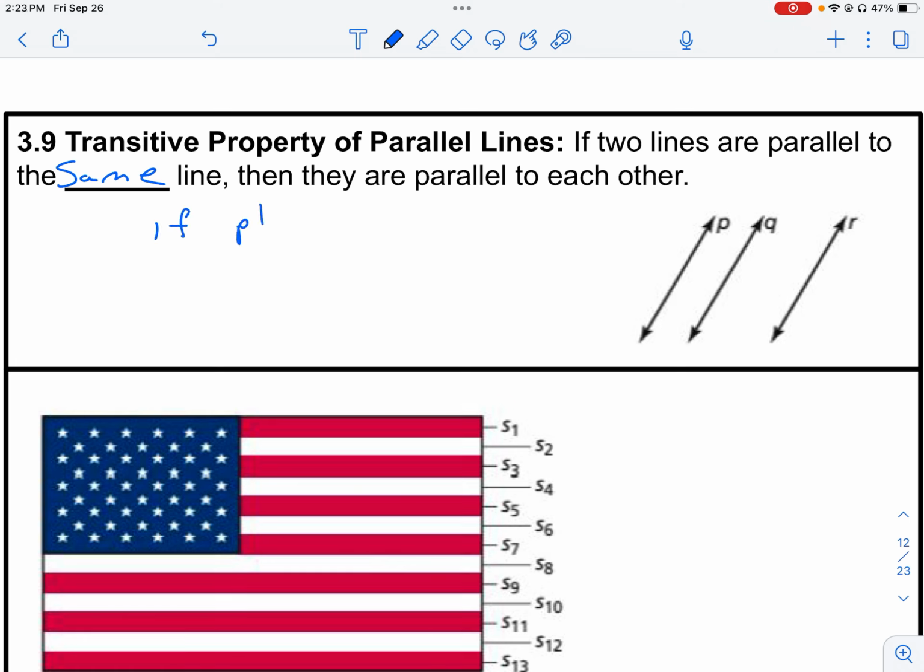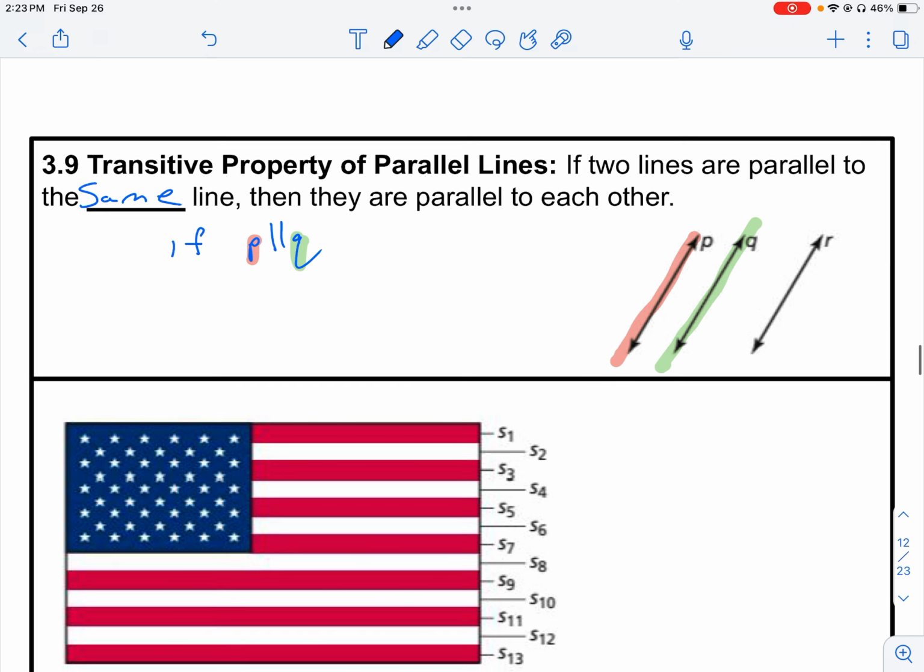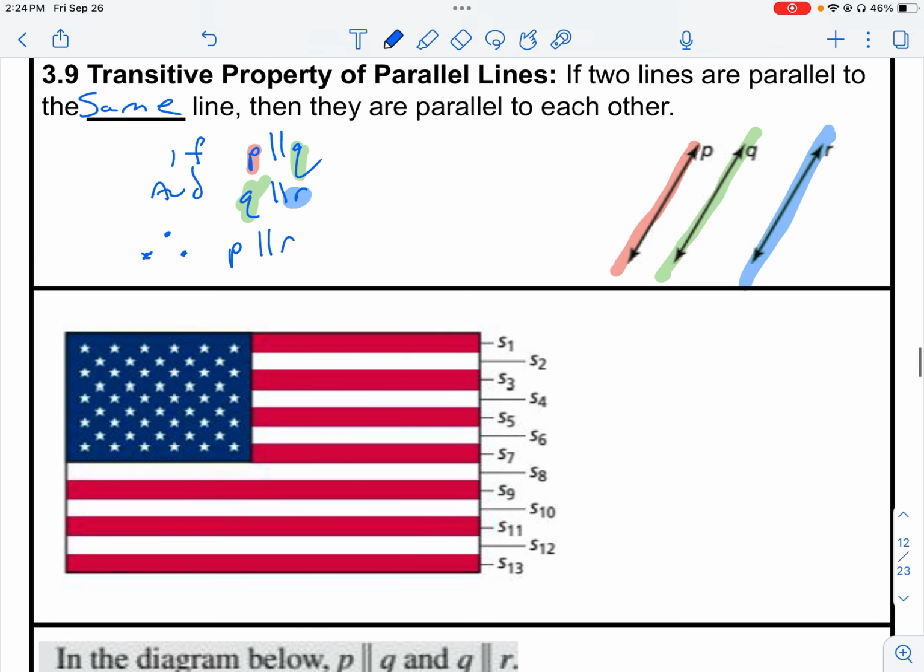So if P is parallel to Q, and Q is parallel to R, that means, therefore, P is parallel to R. If P and Q have the same slope, which means they're parallel, and Q and R have the same slope, which means they're parallel, then P and R have to have the same slope. So that's our transitive property.